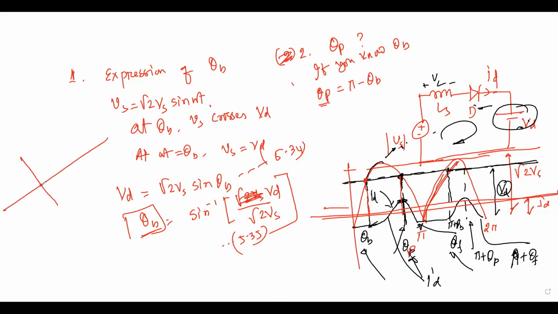Remember, go back to your intermediate things. If it is pi, if it is theta p, then what will be your theta p by symmetry? This one will also be theta b, is it not?